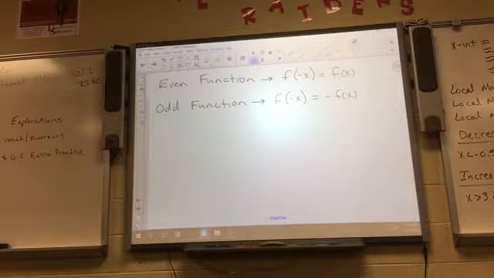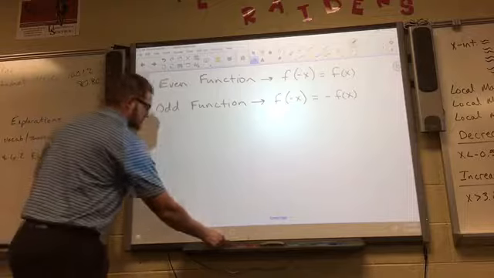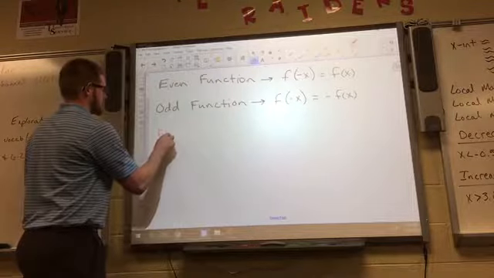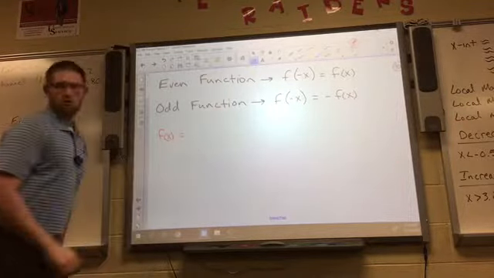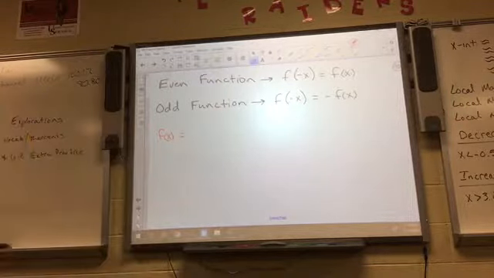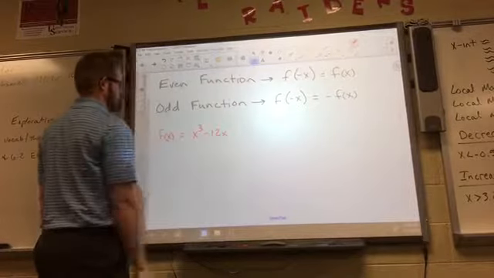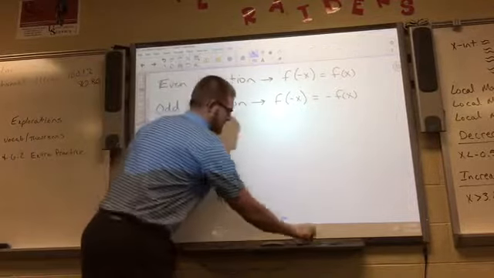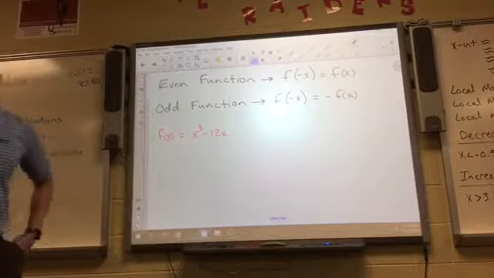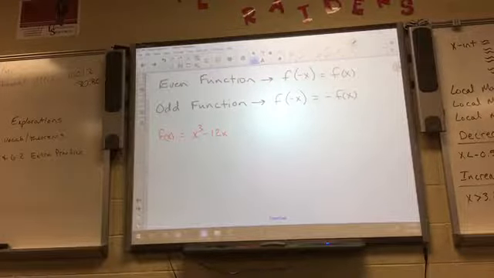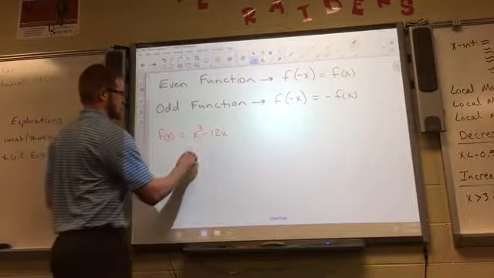Okay, so if I have this function, f of x equals x to the third minus 12x. Okay, to check whether it's odd, even, or neither, I need to change the x's to negative x's.